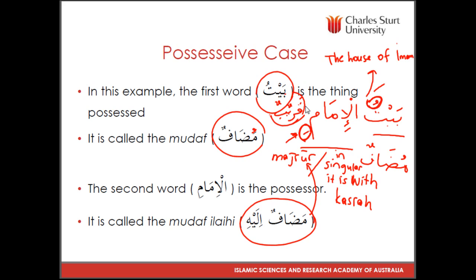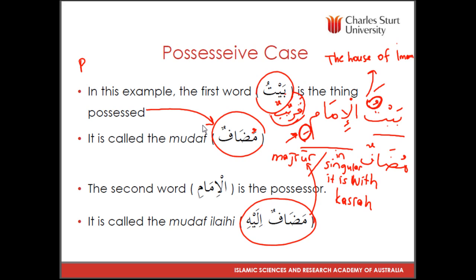Can you just repeat possessed and possessor? Possessor is, let's write here. The thing that is possessed is mudaf. Bait is the thing that is possessed.